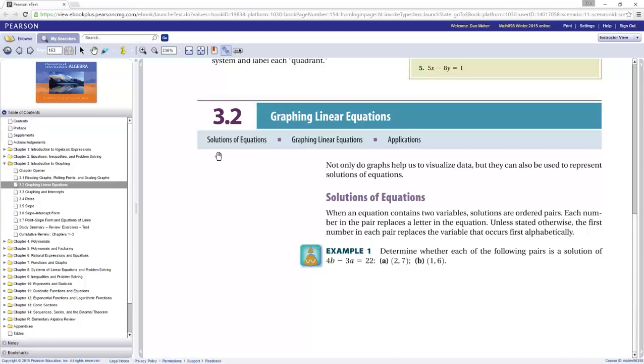If I have a situation with a rate, like if I'm making $10 an hour, I could make a graph of what that would look like for the amount of hours that I work. So I could have my pay plotted on this graph.